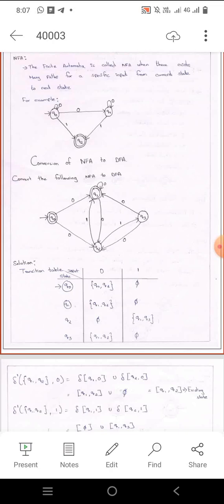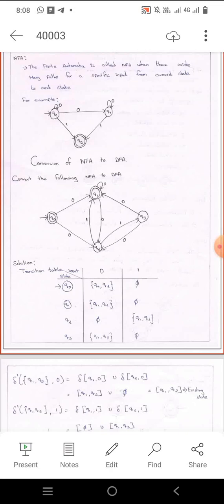Whereas what is the transition of Q0 comma 1? There is no input transition. So write that as null. Next Q1 comma 0. Q1 comma 0 means it reaches Q1 and also it reaches Q2. So we write in the transition table Q1 comma Q2. Next, what is the transition of Q1 comma 1? There is no input transition.